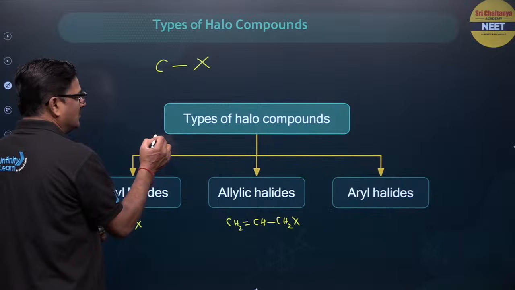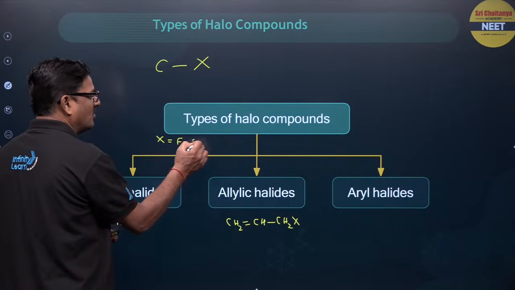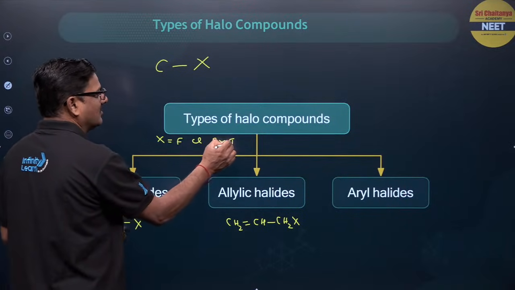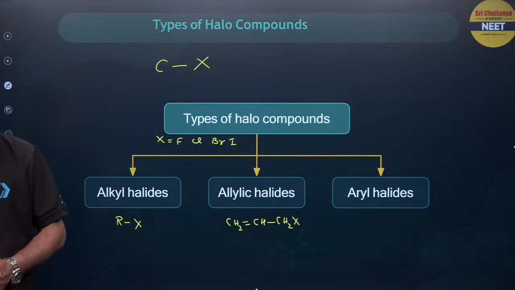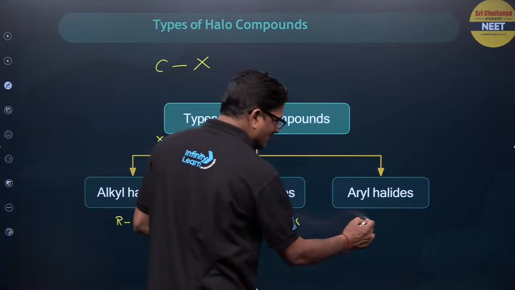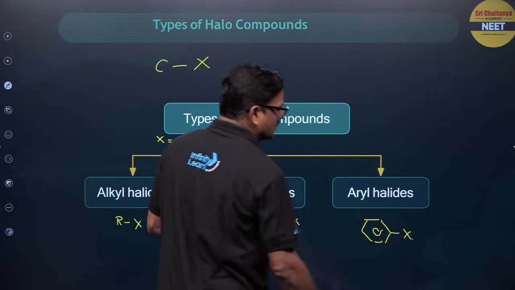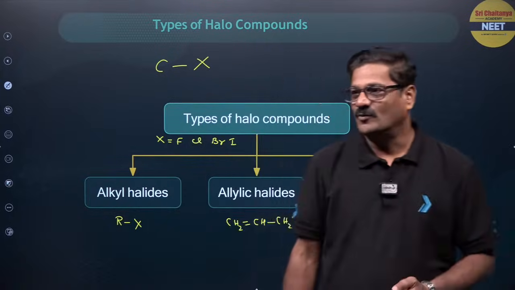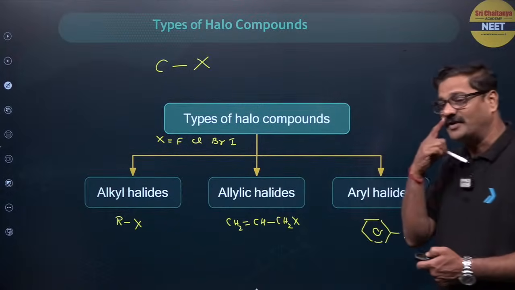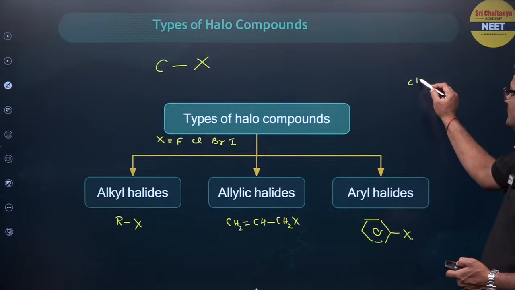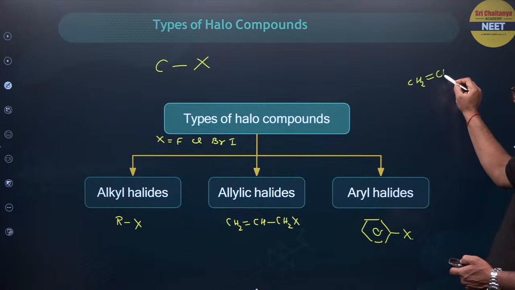X could be fluorine, chlorine, bromine and iodine, right? And in aryl halides, the halogen is directly attached to the benzene, so it is said to be aryl halide. What is vinyl halide? Actually, vinyl halide reactions we don't study. So this is going to be vinyl halide.